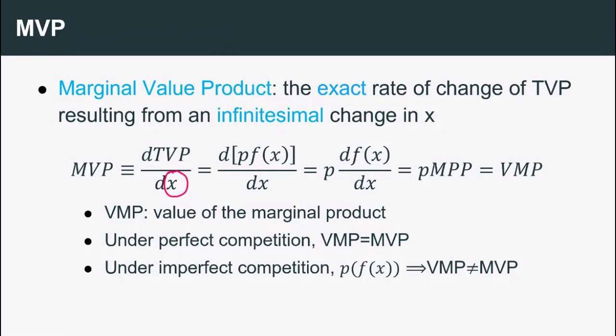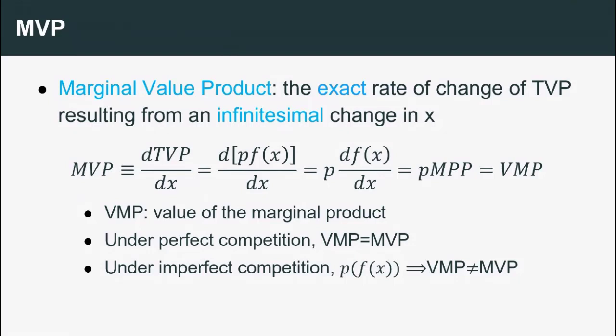And later on, when we are having the output perspective, then you will notice on the bottom it should be taking derivative with respect to the output. And if that's the case, then you're actually having the marginal revenue. So from the input side, we're calling it marginal value product. And from the output side, we will call it marginal revenue. You're probably more familiar with marginal revenue than MVP here.